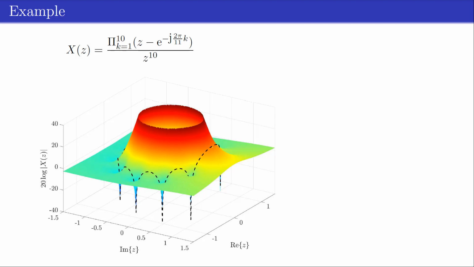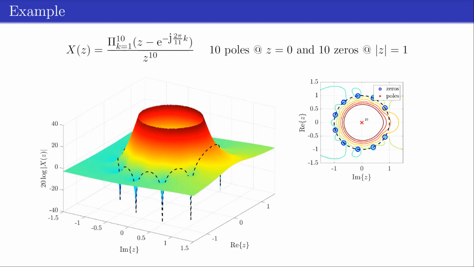On the other hand, the roots of the numerator, referred to as the zeros, are given by 10 equally distributed values of z on the unit circle. z is e to the power minus j 2 pi divided by 11 k, with k ranging from 1 until k is 10.